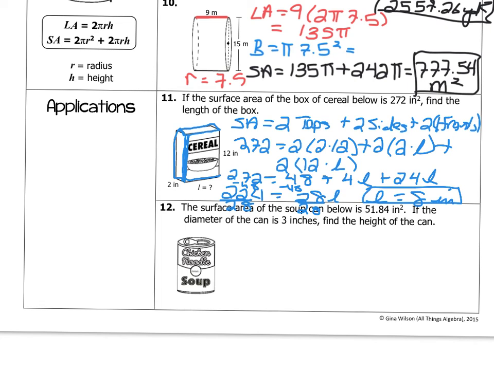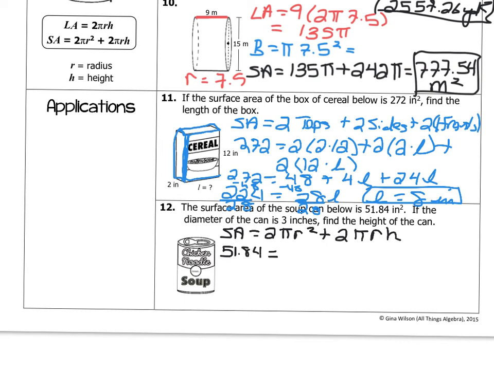Okay, so now we're going to go through this other one. So the surface area of a cylinder is 2 pi r squared, that's the two bases, plus 2 pi r, your circumference, times your height. So the surface area of the soup can below is 51.84.